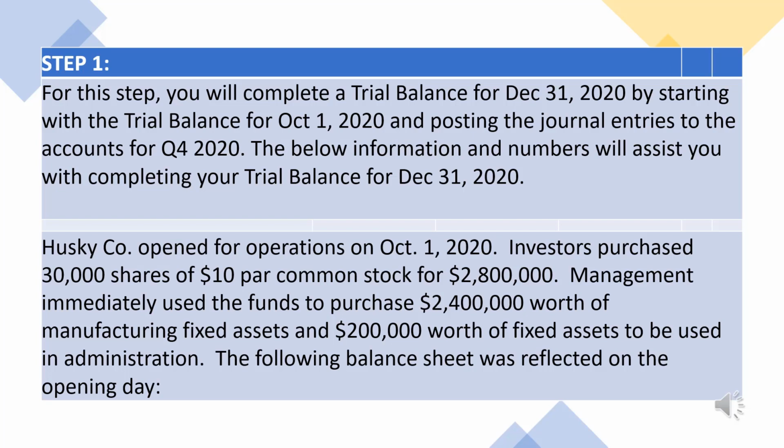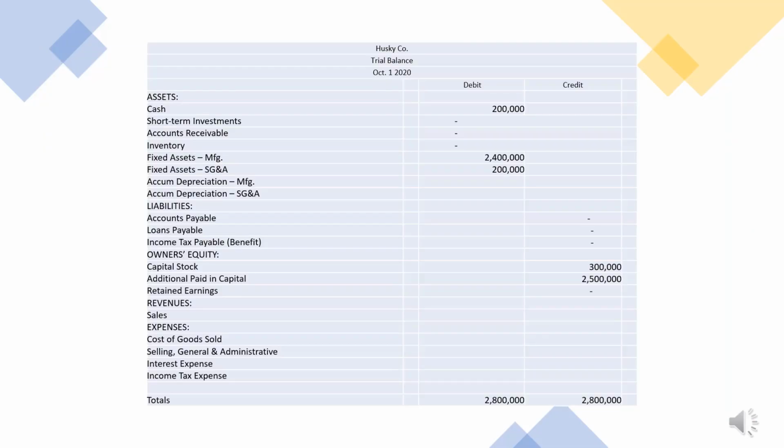By preparing the trial balance for December 31st, 2020, we set the stage for preparing a budget for the whole year of 2021. Let's first look at the trial balance that occurred on the first day of their operations when they sold the stock and purchased the fixed assets.